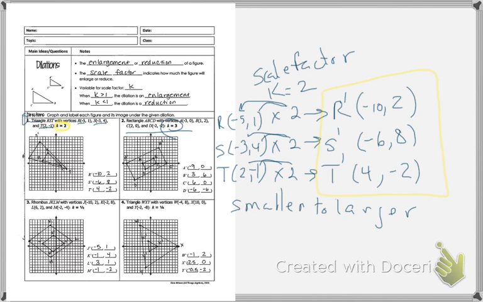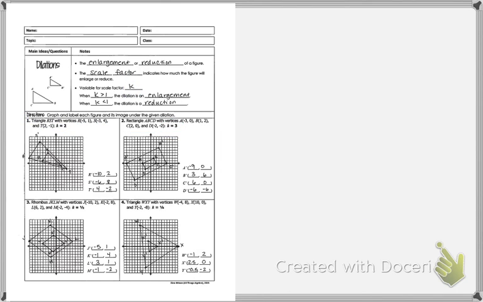Remember, if the k, or this number right here, is greater than 1, you're enlarging. We're moving on to number 3. 1 and 2 deal with whole numbers, meaning larger than 1, that means these two are going from a smaller to a larger. Let's work on number 3, where we're doing a reduction.